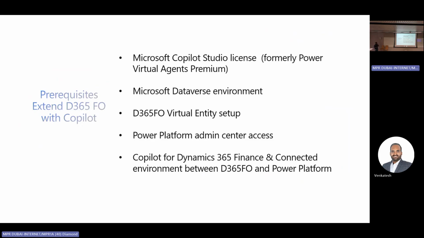Say, for instance, you want to retrieve customer data. We have the data entity called CustomersV3. So you need to enable that on Dataverse before the Copilot can see it as a knowledge source to do the grounding. And the next thing is you need access to the Power Platform Admin Center.